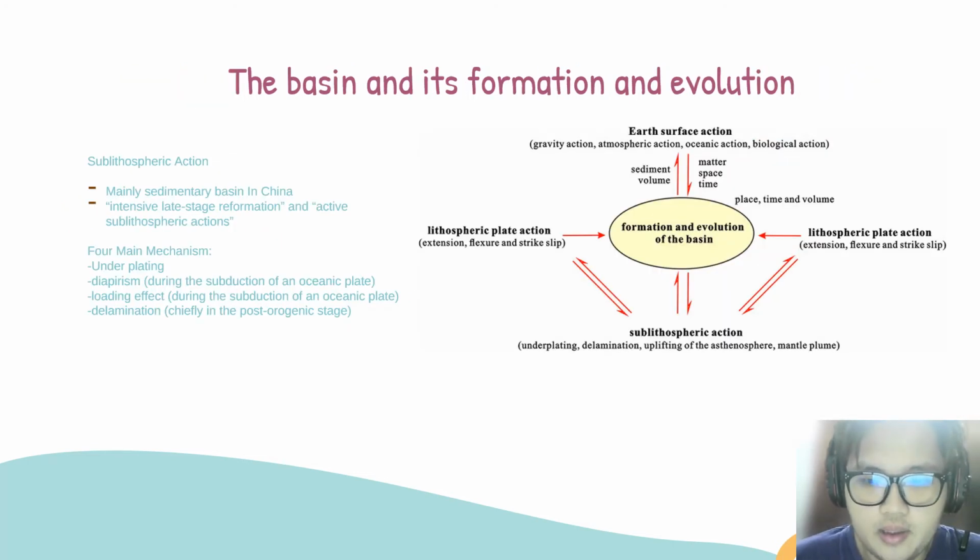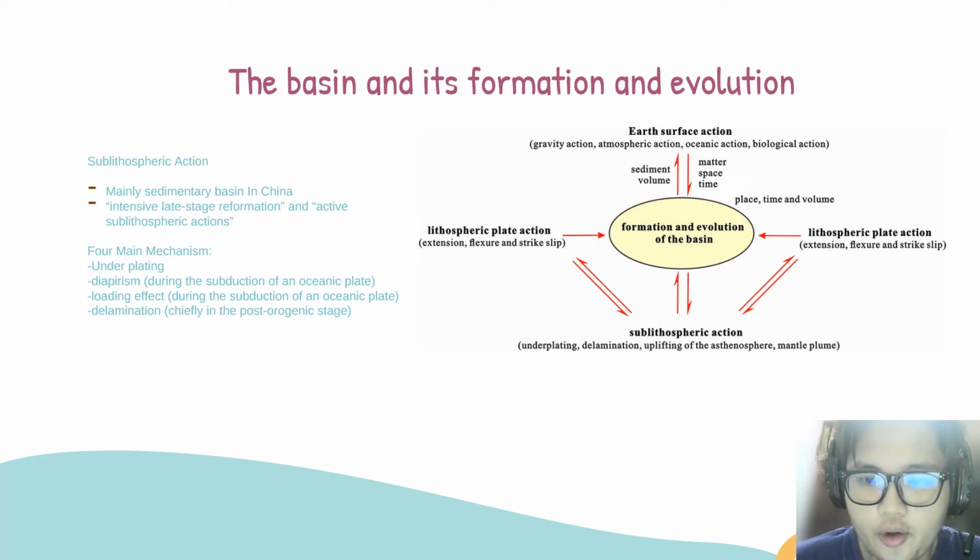The next is sublithospheric action. This type of basin can mainly be found in China. It can be categorized as intensive late-stage reformation and active sublithospheric action.